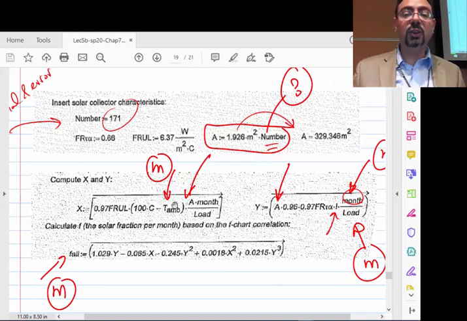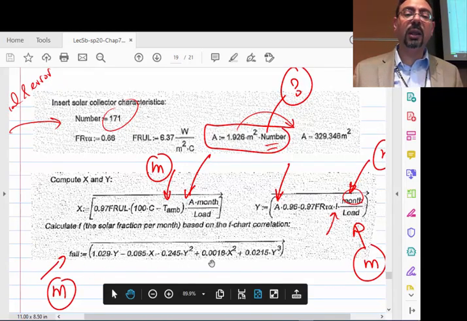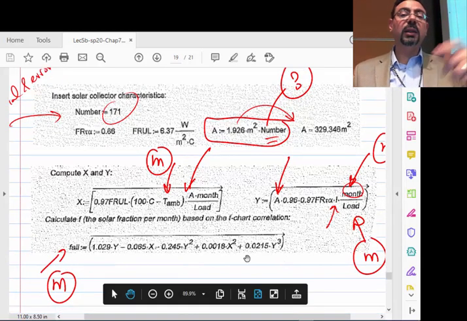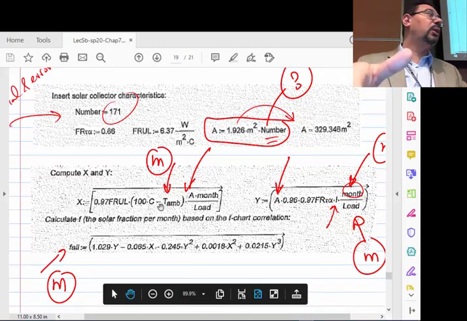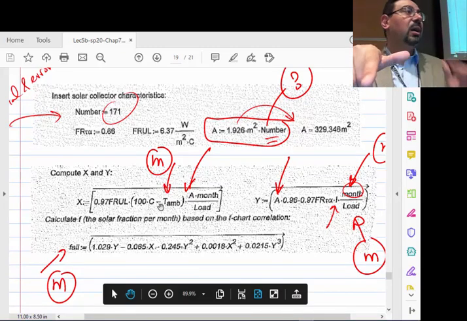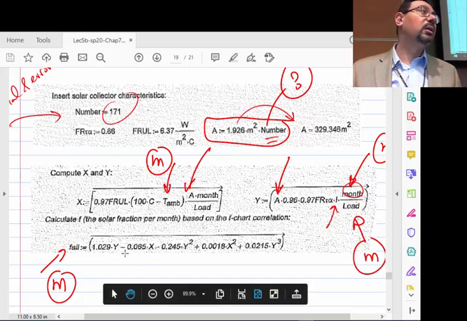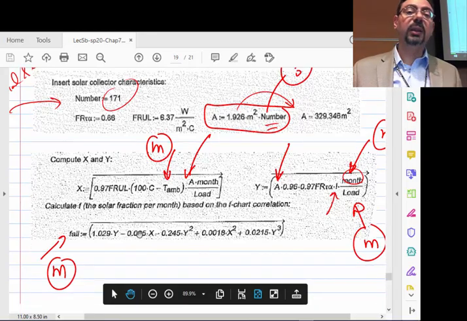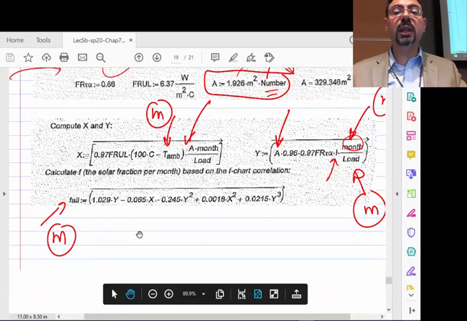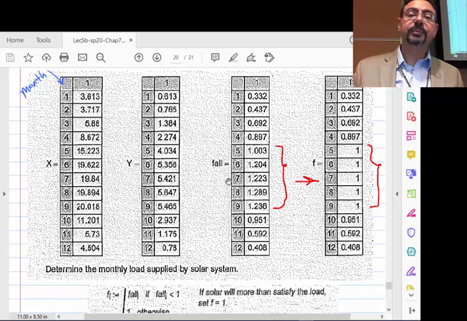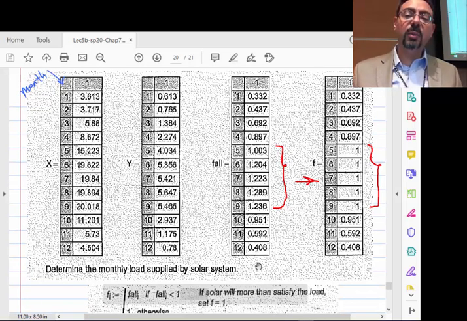Once he got the X and Y, he calculated the F. He had this in an Excel file, or in his case in Mathcad, and he keeps changing the number and looking for the F. That F is done for every month. Here is the X, here is the Y, and here is the F for every month.